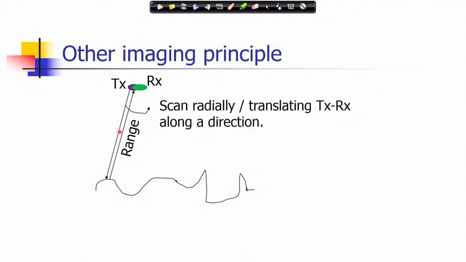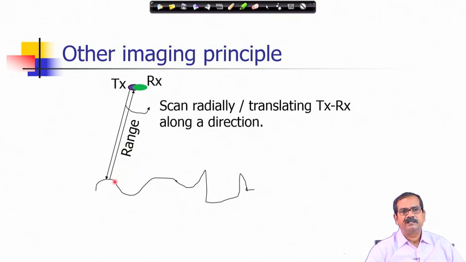Consider you scan radially, taking this at every regular interval over the surface points, or you can also translate this transmitter-receiver along certain directions and perform this action repeatedly. So, for every surface point in that path, you will get a distance.